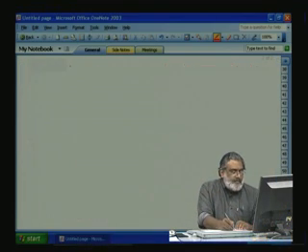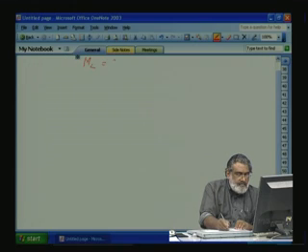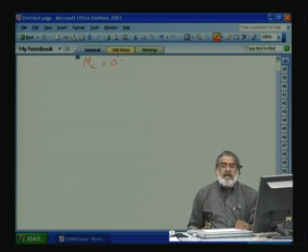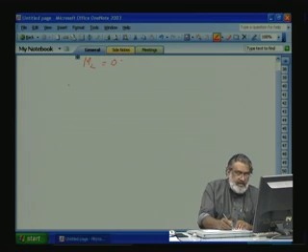Let us assume the load torque ML is 0. And let us say we are applying the full voltage VA to the machine.